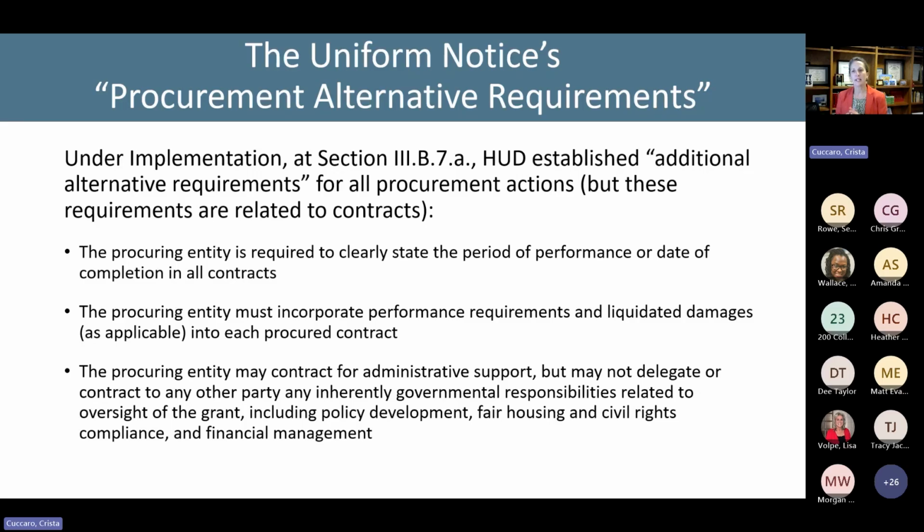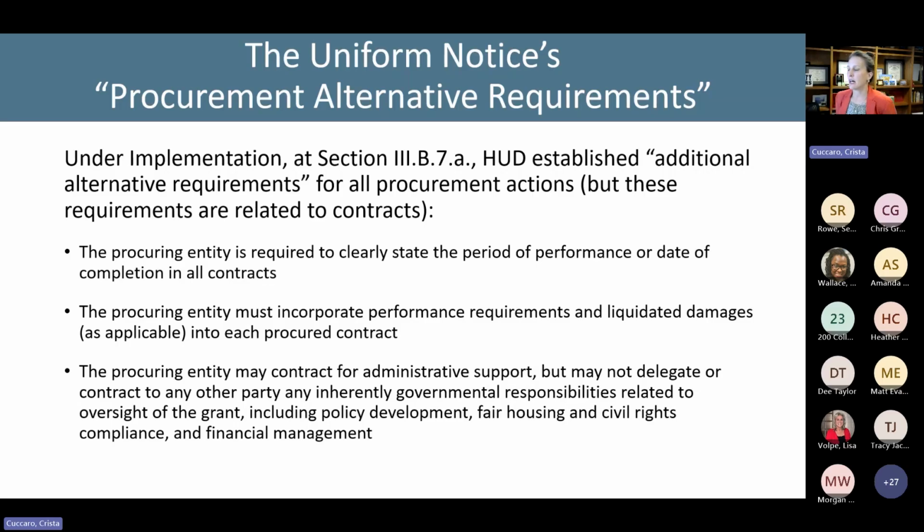And then the last thing they added in these alternative requirements, you can see here on the screen, says the procuring entity may contract for administrative support, but may not delegate or contract to any other party any inherently governmental responsibilities related to the oversight of the grant, including policy development, fair housing and civil rights compliance, and financial management. There have been some FAQs following up on this provision, because I think folks were concerned: does that mean we can't contract for these things that are listed off, like policy development?